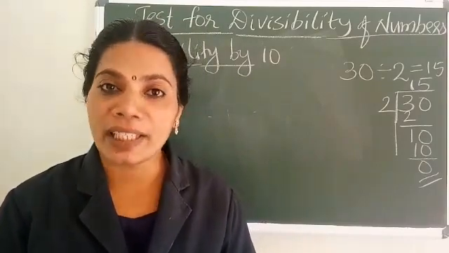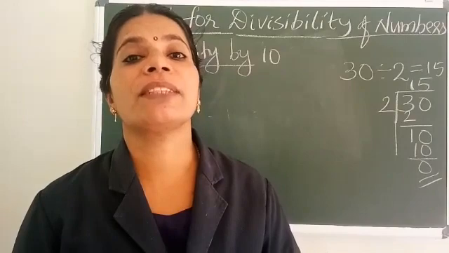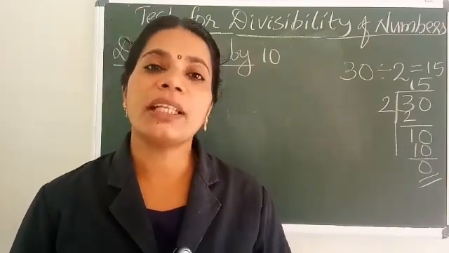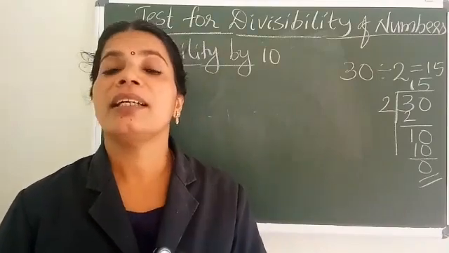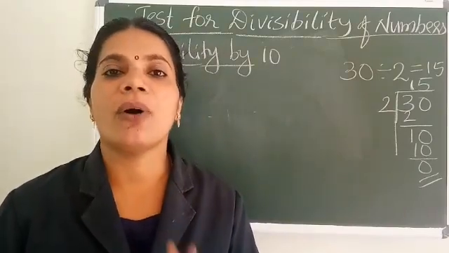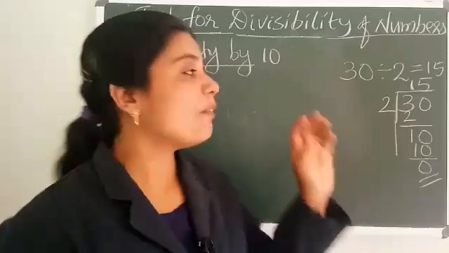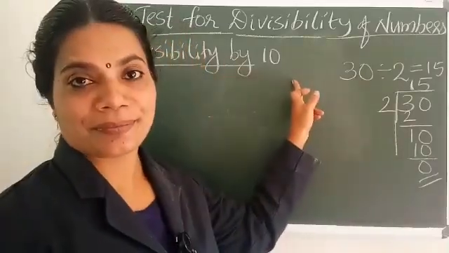So for every number we can check whether it is divisible by a particular number or not. Without actually dividing in this way, we can use the divisibility rule to easily find out whether the given number is divisible or not. First, divisibility by 10.